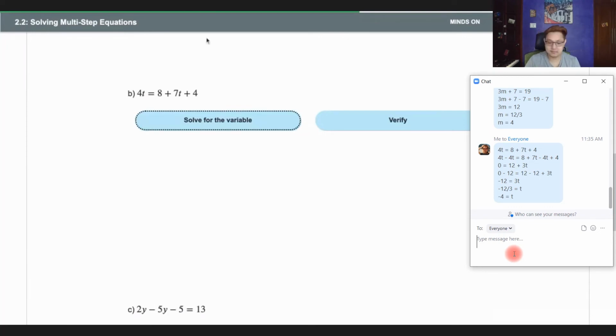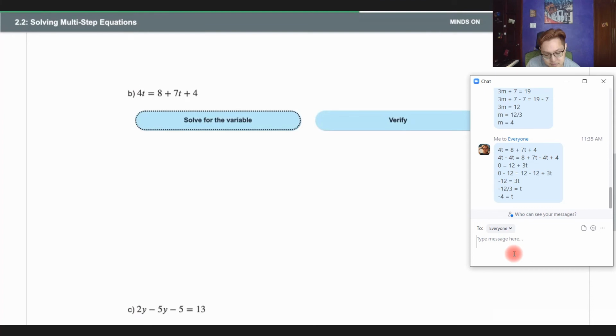Wait. No. It's just a normal 3t. There's no subtraction, no negative 3t, just normal. So then I take the 3 and bring it down to the 12, and 12 divided by 3 is equal to 4.